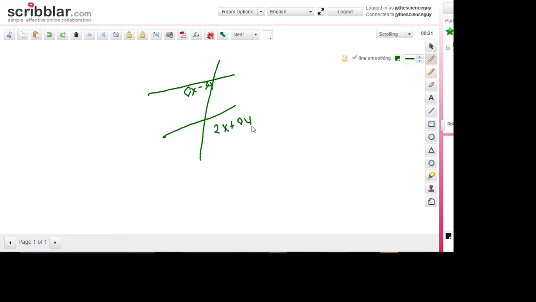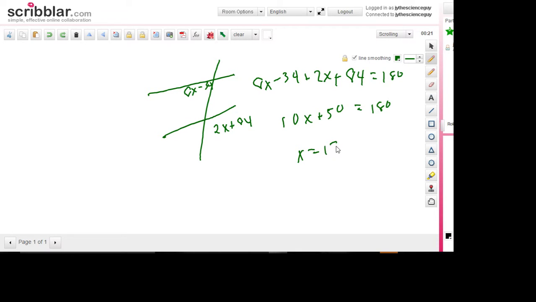Mm-hmm. So we're going to do the same thing. 8x minus 34 plus 2x plus 84 equals 180. So 10x plus 50 equals 180. And then x is equal to 13.